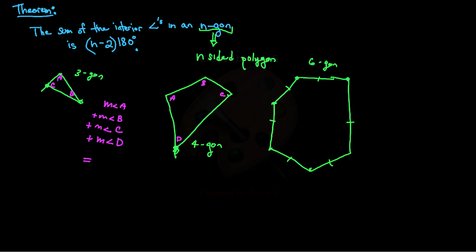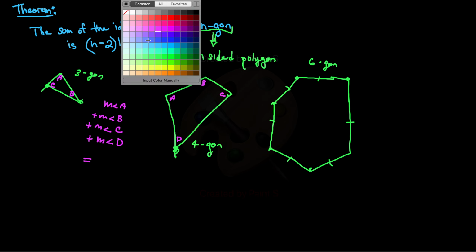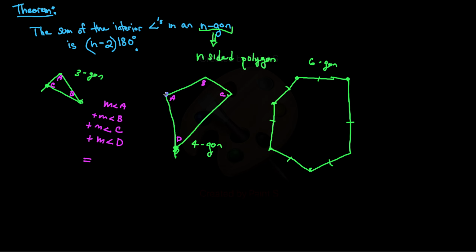But a way you could go about doing that is you could just fix a vertex and draw a line to every other vertex.